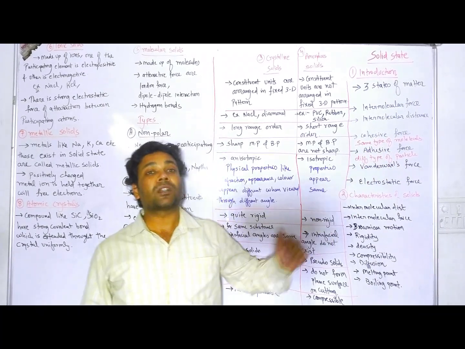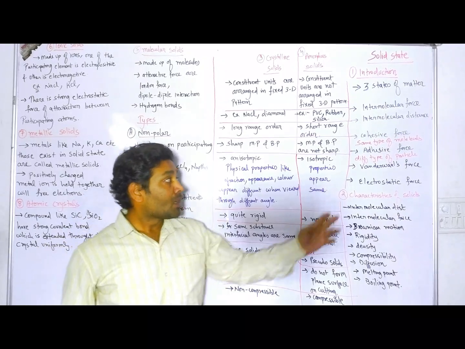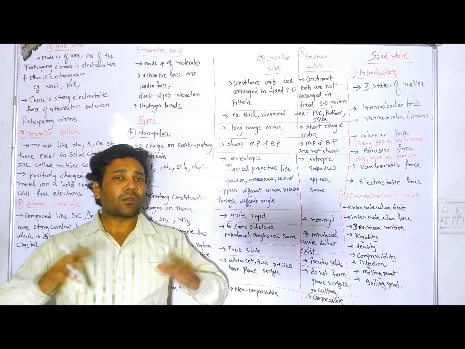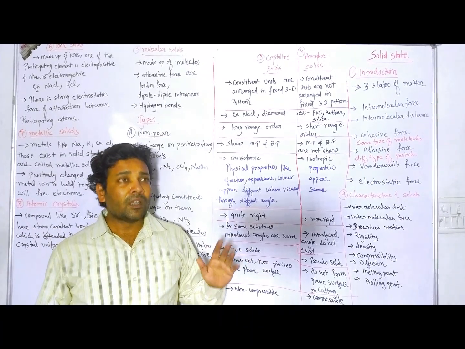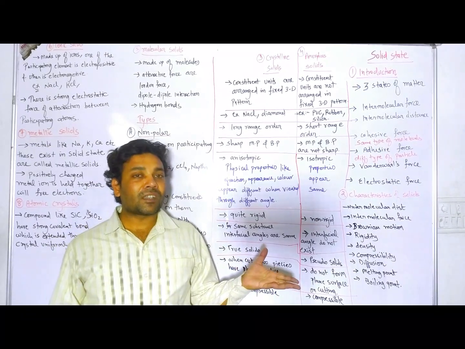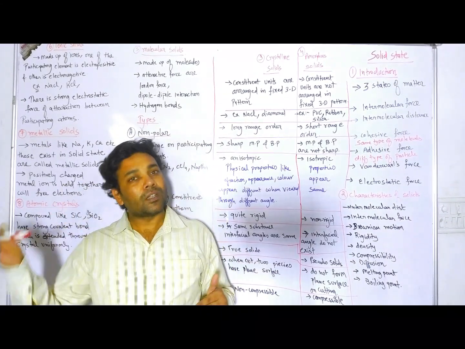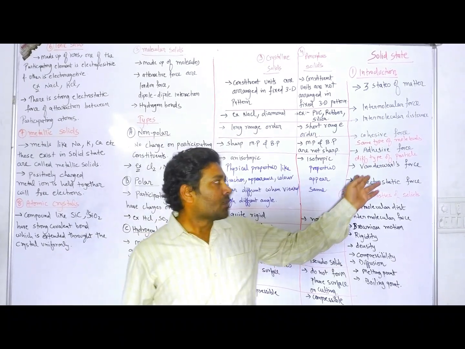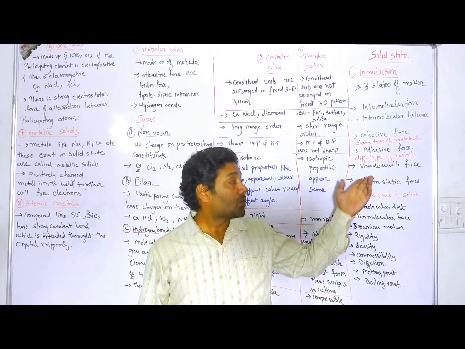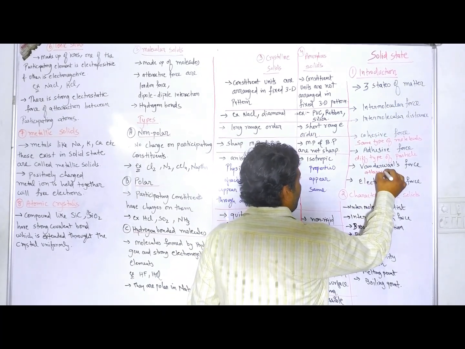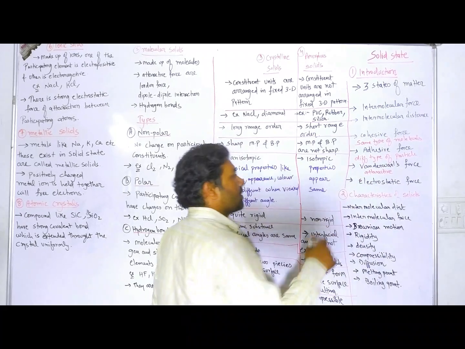Van der Waals force: I told you that between the molecules there are many different types of forces, and depending upon how they came into existence and the nature of their discovery, those forces of attraction are given different names. One such force is the Van der Waals force. It is an attractive force, and mostly a very weak force, discovered by the scientist named Van der Waals.